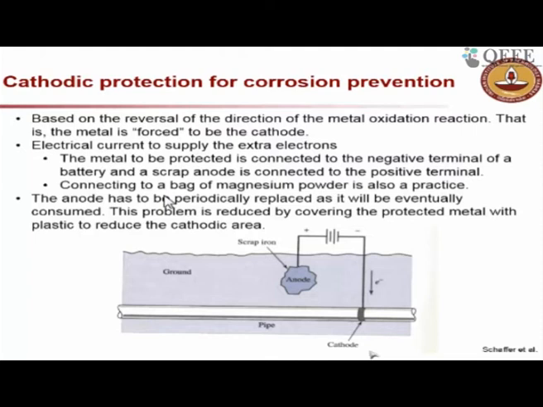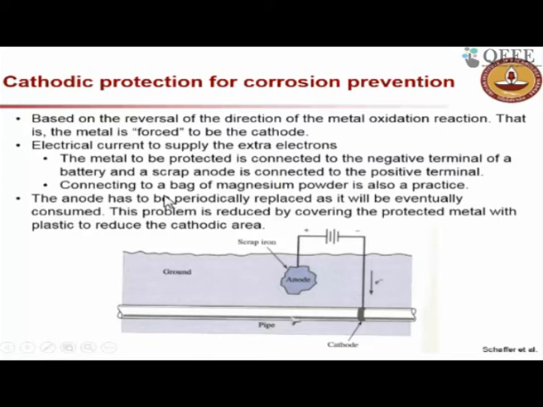If I am ready to supply 2 electrons, then the net effect is 0, which means there is no corrosion. That's the whole idea here: you create another electrical circuit by which you are supplying electrons to the metal which needs to be protected.